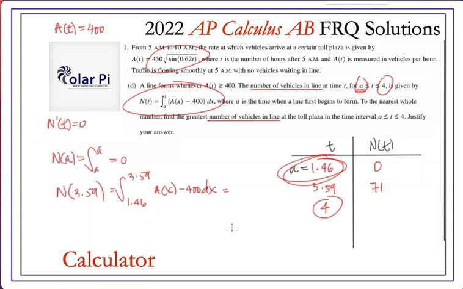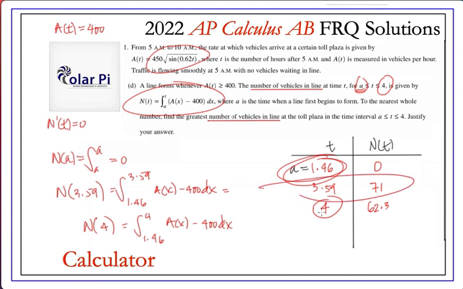And then finally, n of 4 means you write the integral from 1.46, that's a, to 4 of, once again, A of x minus 400 dx. Upon doing this, you should get approximately 62.3. And so, since you're asked for the greatest, it's approximately t equals 3.59, and it's going to be 71.